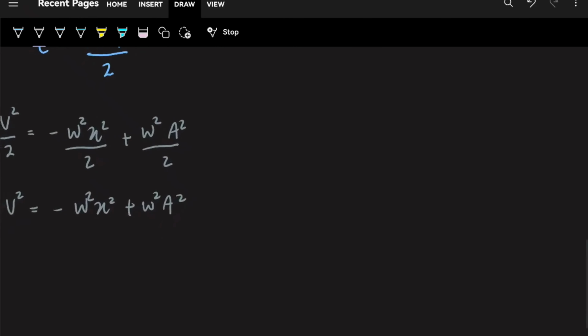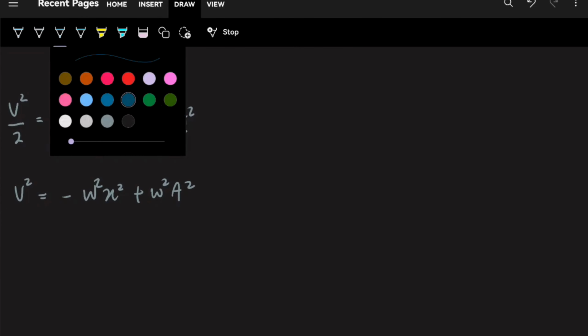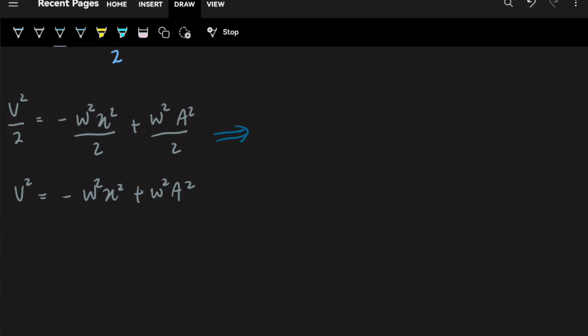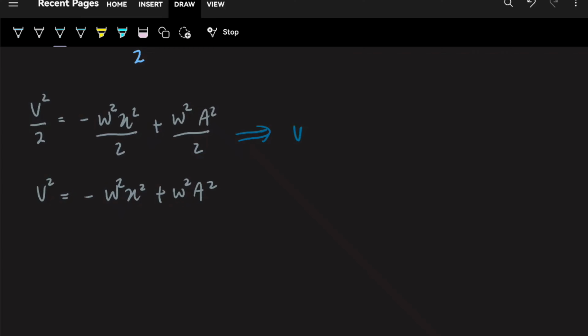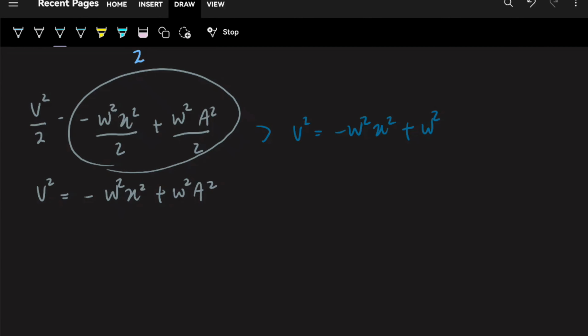So if you're wondering how I came to this conclusion, let me do it for you separately here. v square equals to negative omega square x square divided by 2 plus omega square a square divided by 2.